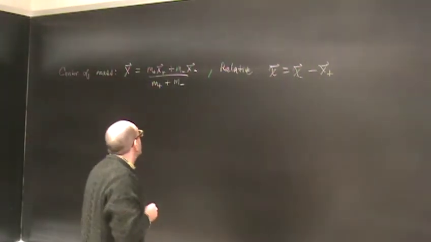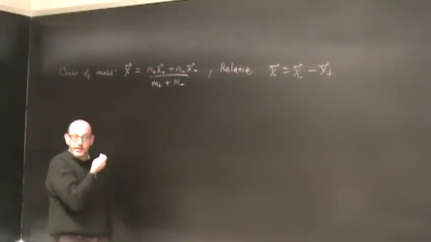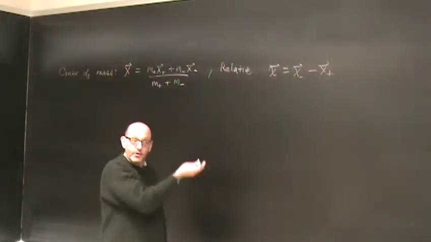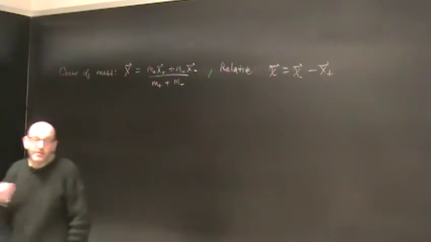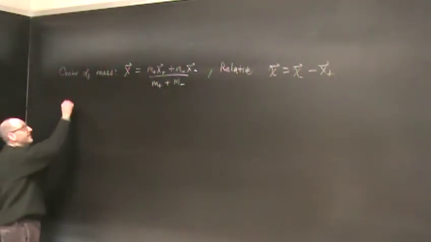So, to do that, let's write down what are the conjugate momenta conjugate to these coordinates. To find that, the easiest way to do it is to write down the Lagrangian.